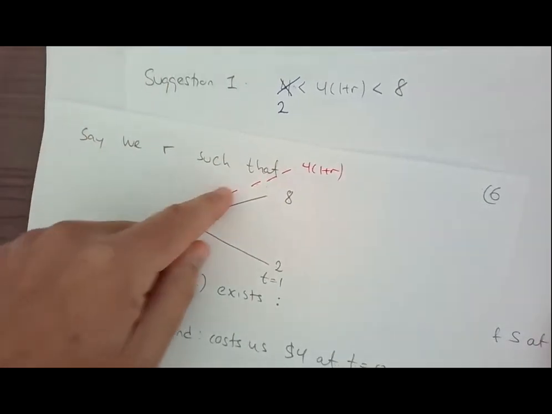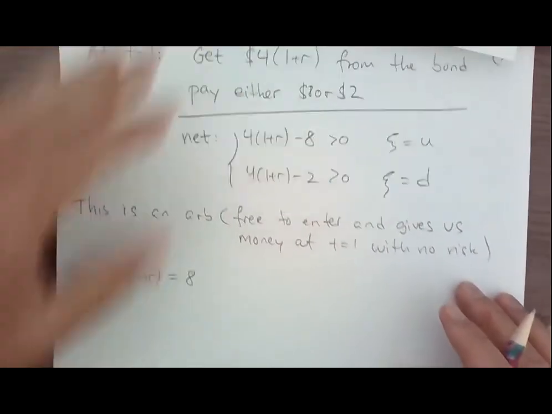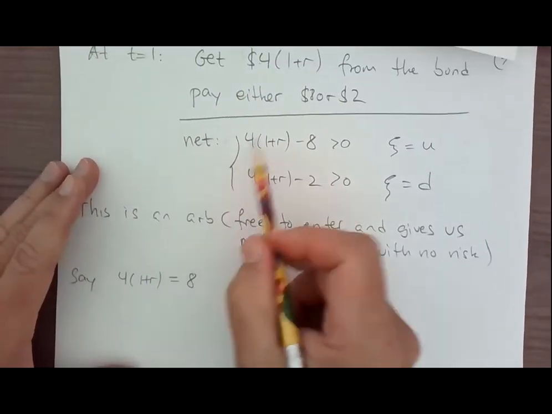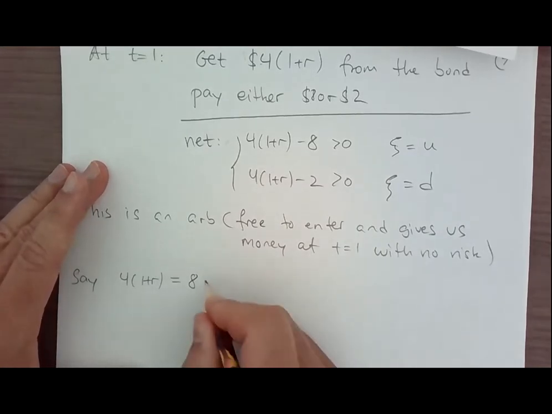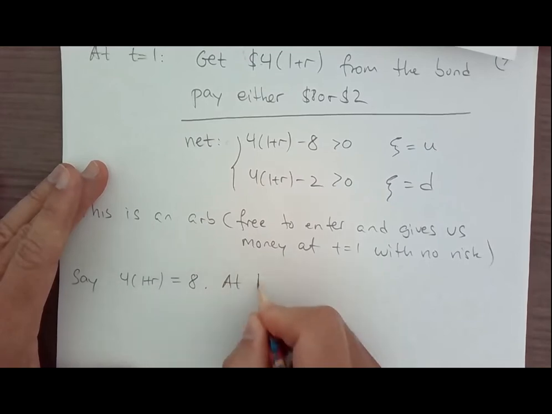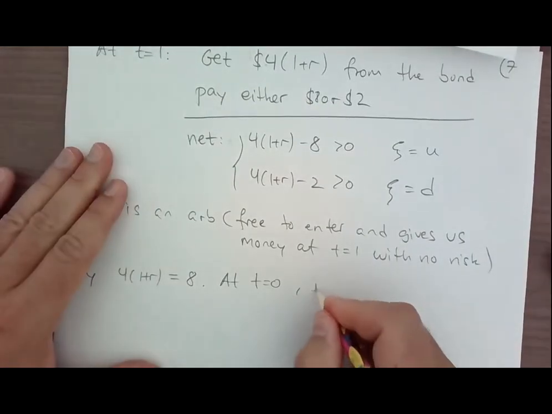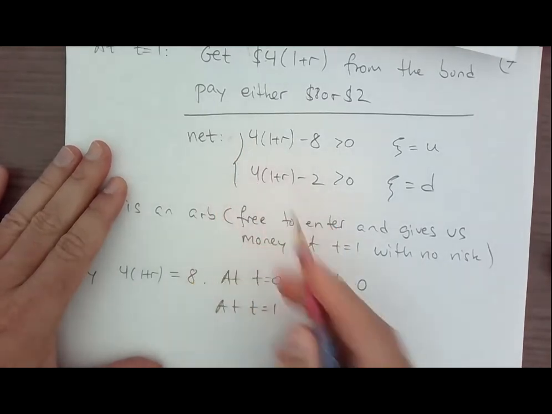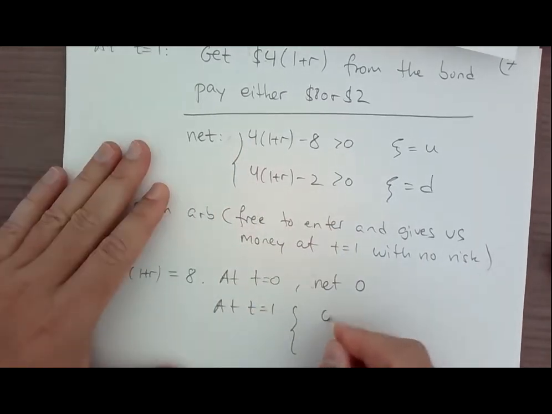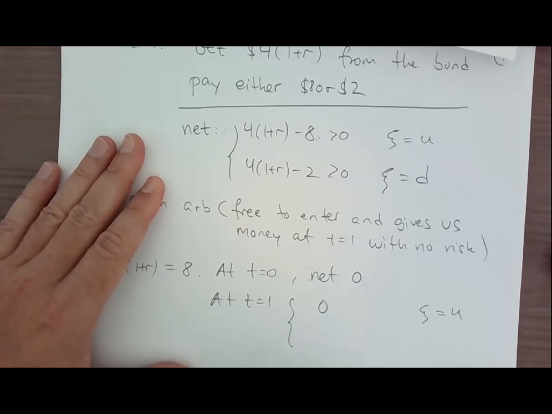So what happens if the dotted red line coincides with the top solid line? Well, the difference in this strategy that we just went through is that at time 0, there's still zero net. And at time 1, you're going to get 0 because these two now coincide if you have an up, and you're going to have 4 times 1 plus r minus 2 in the down state.